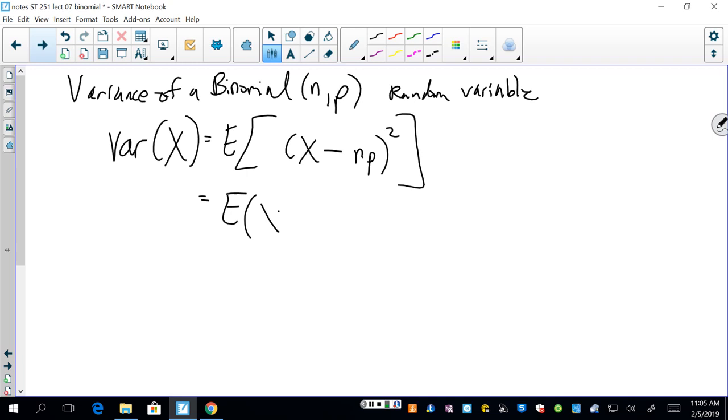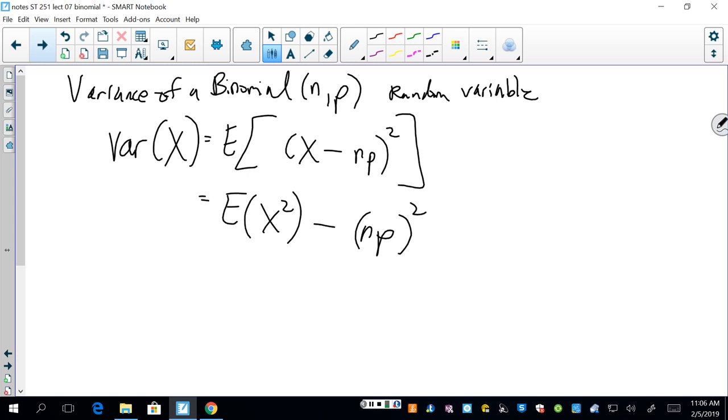But you can figure it out by taking the expectation of x squared minus the mean quantity squared. Those two formulas give you the same thing. We went through how to get this equivalency: you square that thing out and then take the expectation across different terms and it works out.